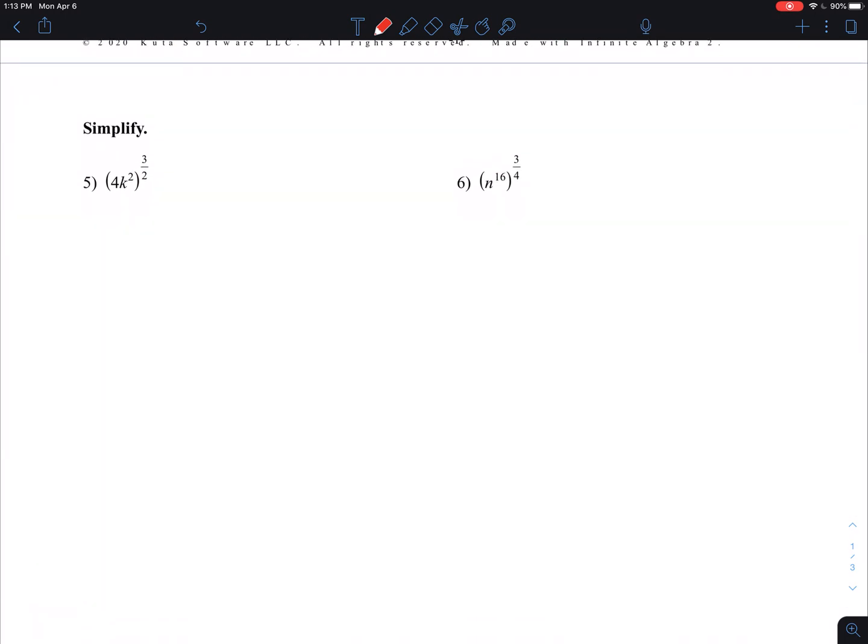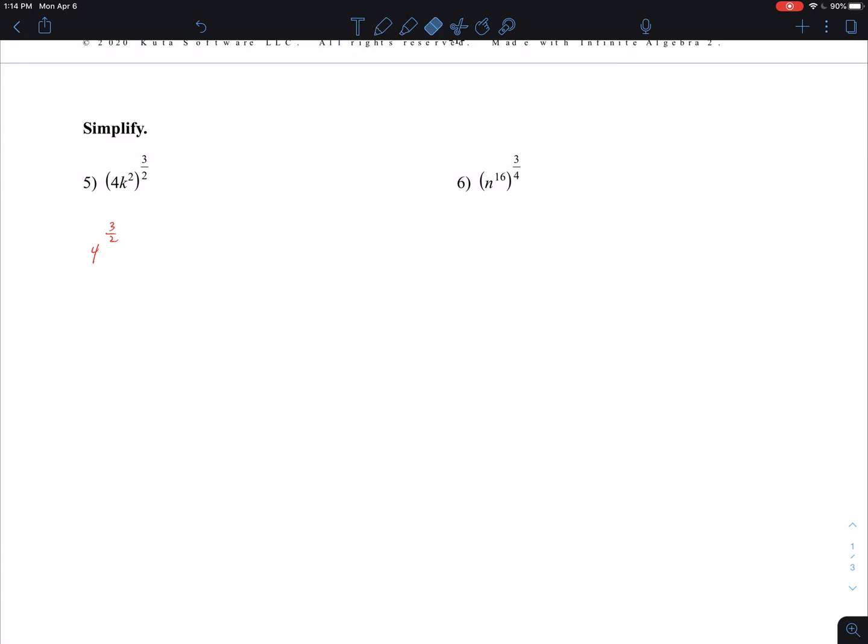Now we're asked to do some simplifying, and it's the same process as we did before. So all we have to do is use our laws of exponents. So this would be 4 to the 3 halves. Well, you know what? Let's actually do this a different way.